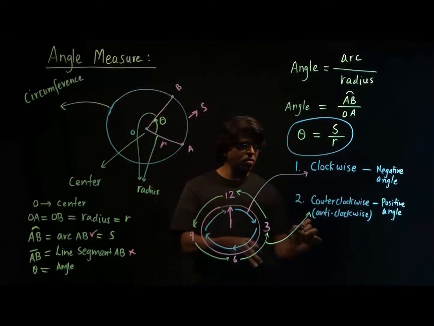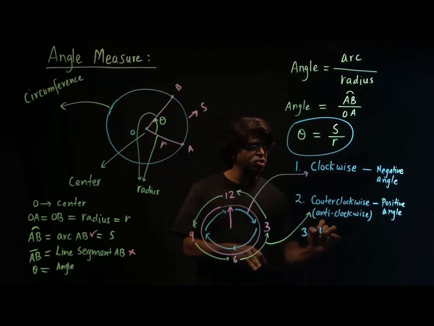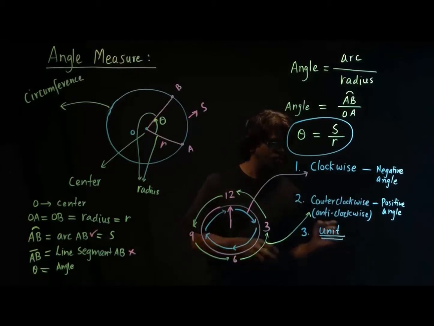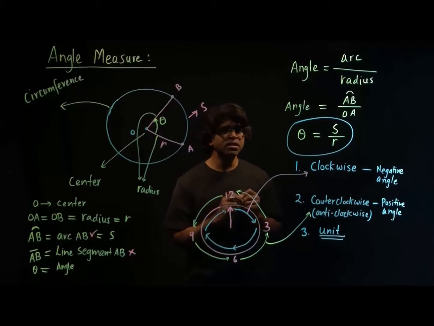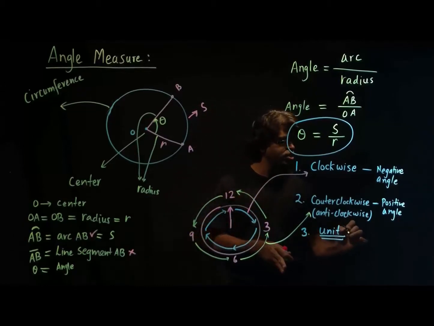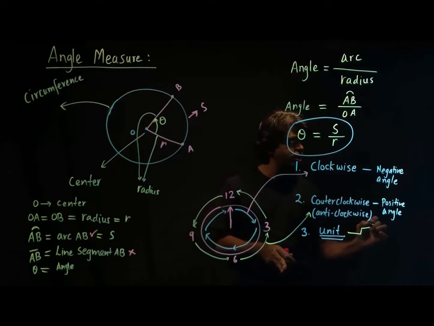All right? Now, the third thing that we want to talk about with the angle is unit. Just to remind you, we have two different ways to measure an angle. The first unit that we use is called degrees.